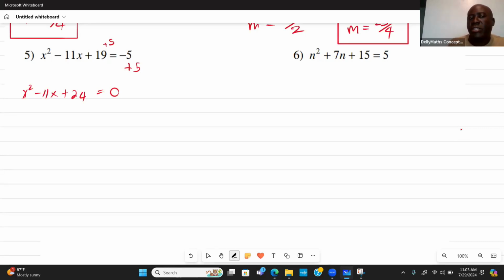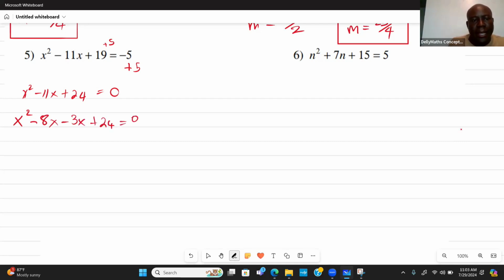So now what I'm going to do is to factorize this. Depending on your knowledge of factorization, let me just break this quickly. The two numbers that I need would be negative 8 and negative 3 to take the place of negative 11.